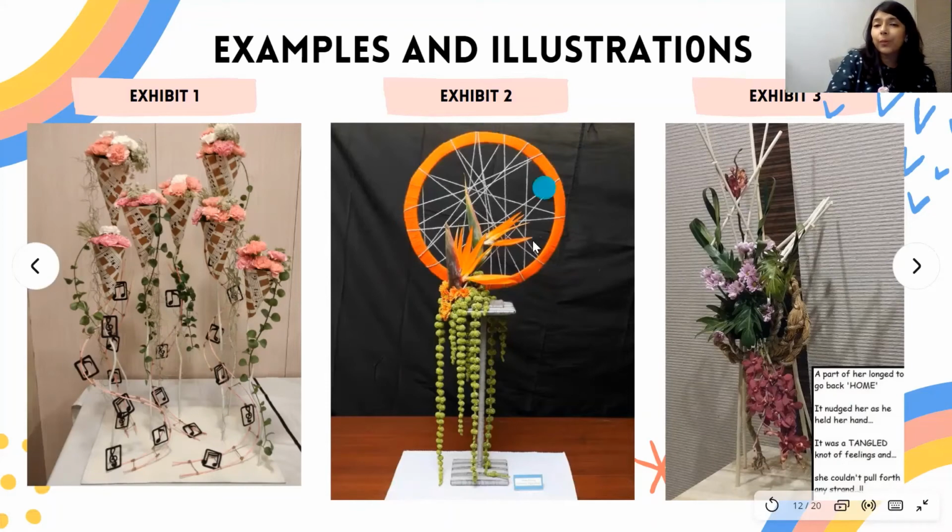But as you can see, this orange circle was created to represent the sun and the bird of paradise, depicting a bird flying into space, and the negative space created by the interconnected wool, the varied textures, and the green amaranthus cascading below on the grey stand beautifully represented the cricketers in the grey and orange jerseys on the cricket field.